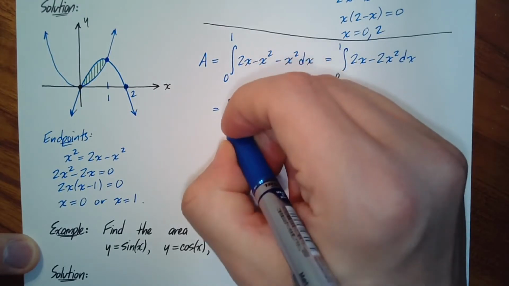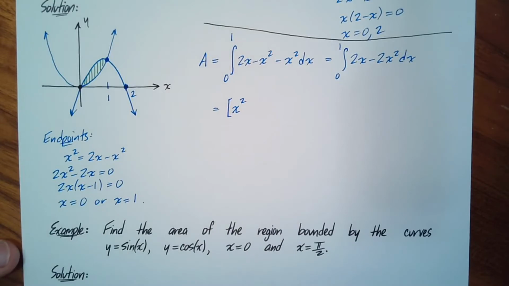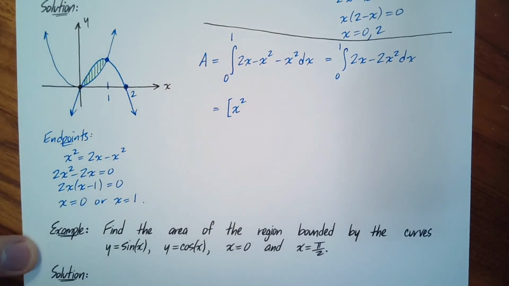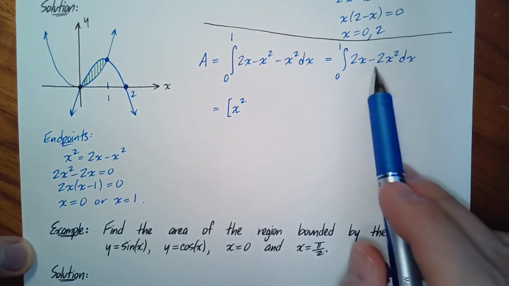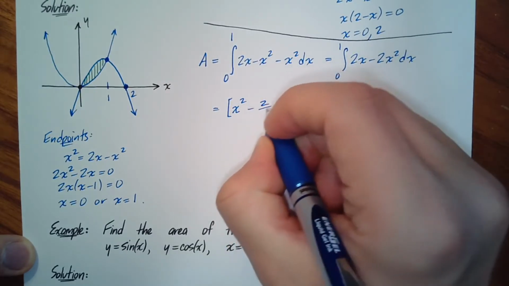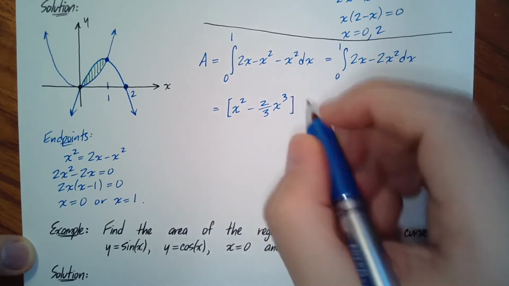So we'll have x squared, right? Antiderivative for 2x is x squared. And then for 2x squared, if you do the power rule on x squared, you'll get x to the power of 3 over 3. And if I multiply the 2 back on, what I'll end up getting is minus 2/3 x to the power of 3.